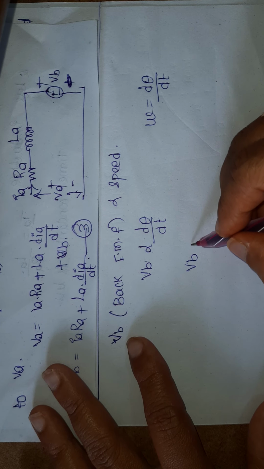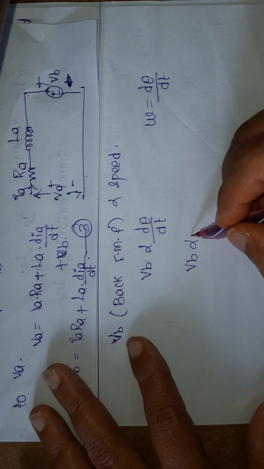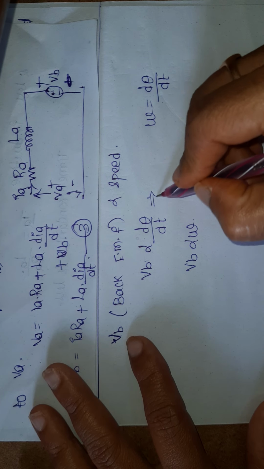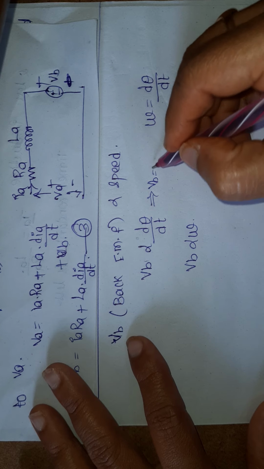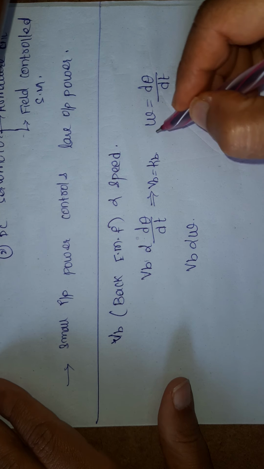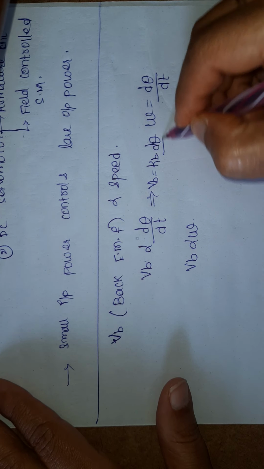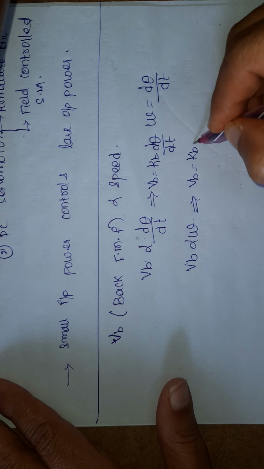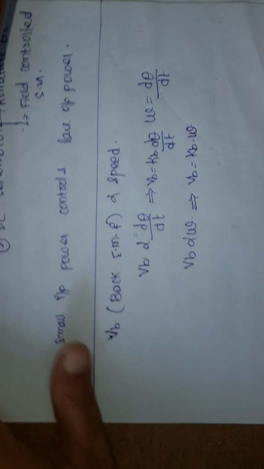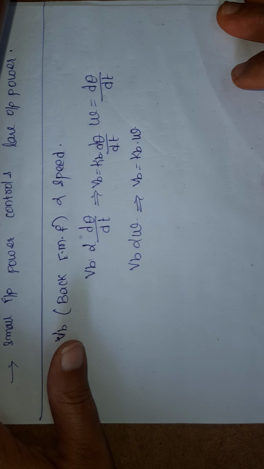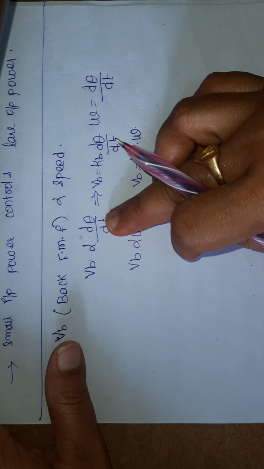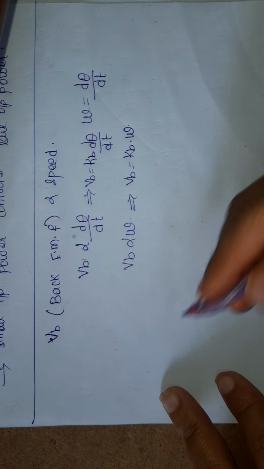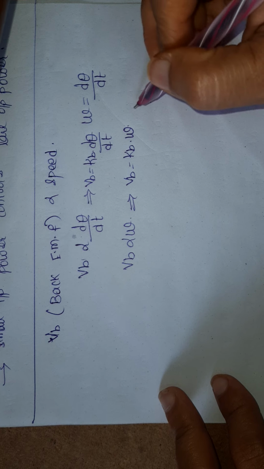If I remove this proportionality constant, Vb is equal to Kb into d theta by dt. Same here, I can write Kb into omega. So we can get the equation either in terms of omega or theta. Now I am getting the terms in terms of theta only. Consider this as equation 4.